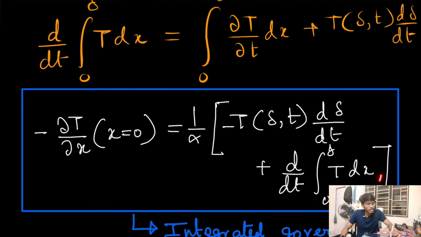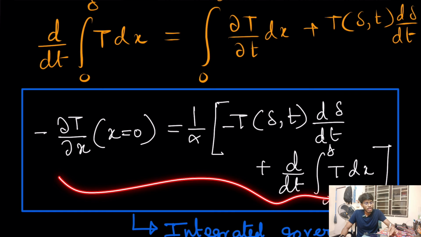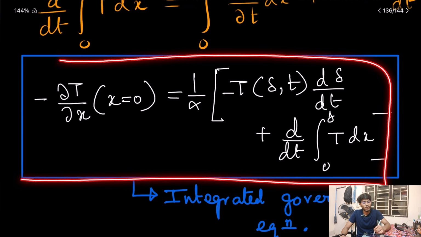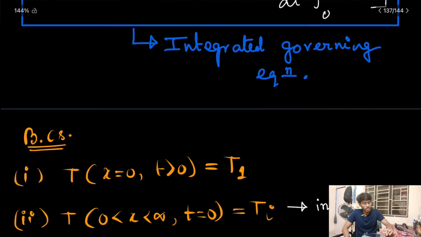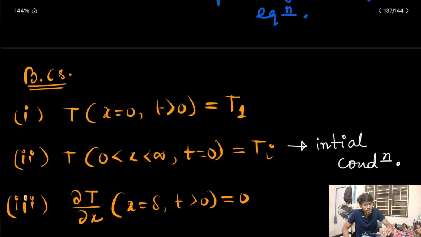In other words, you have to get the average temperature. So this thing is kind of an average temperature. And why we are integrating, I have already told: to smooth out the errors.